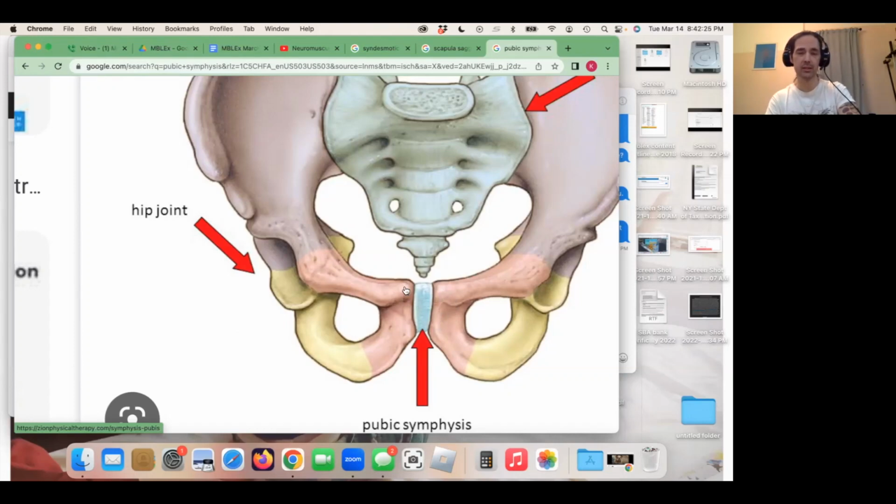In childbirth, because of the hormone relaxin, which softens all the connective tissue in the body so that the joints can open, this pubic symphysis cartilage can stretch a little bit so that the left and right aspects of the pelvis can drift away from each other, so that this space can open and the infant's head can pass, and then the whole body can pass through that space more easily.